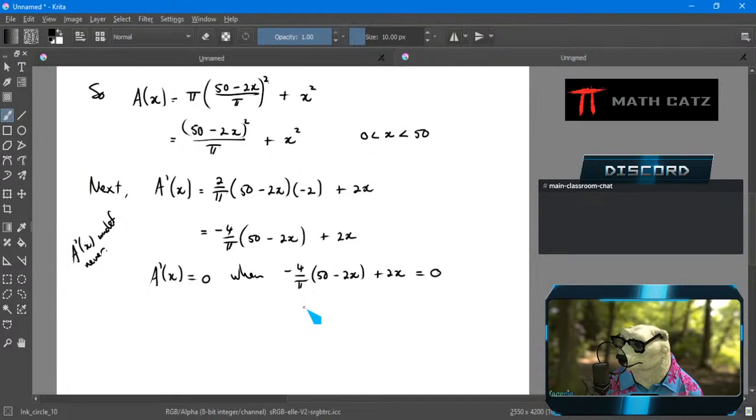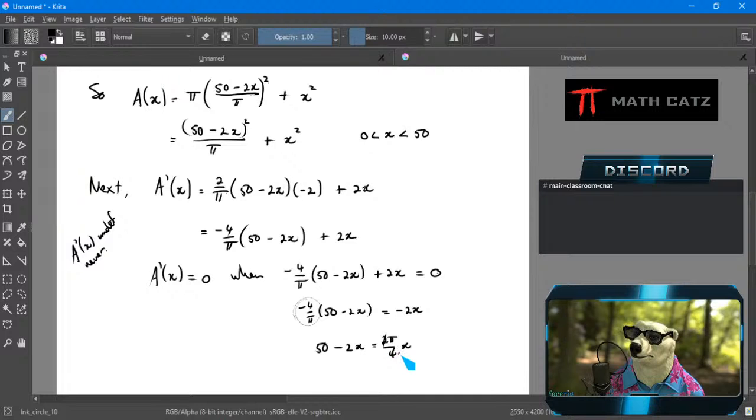Interesting. So let me not miss any major steps, because some people are a little rusty on simplification and these little things. I now want to divide by the negative 4 over pi, which means I multiply by the reciprocal. And again, if this is too many steps for you, then I apologize, but let's write it like this.